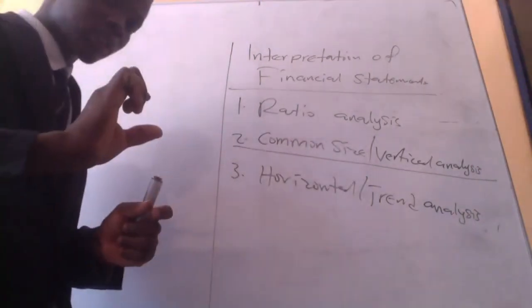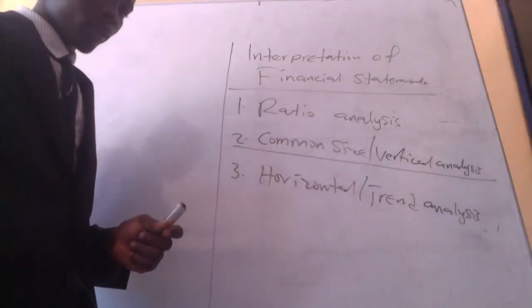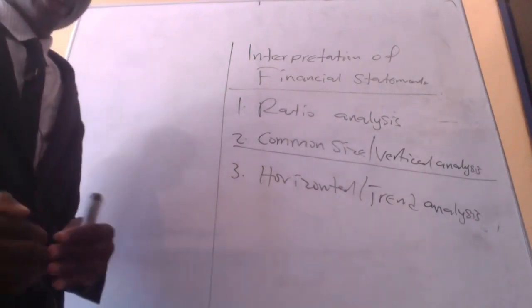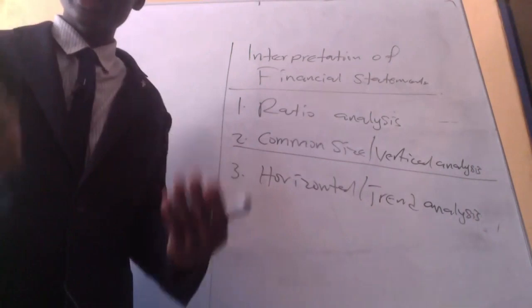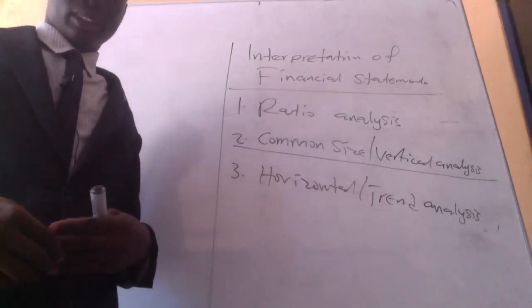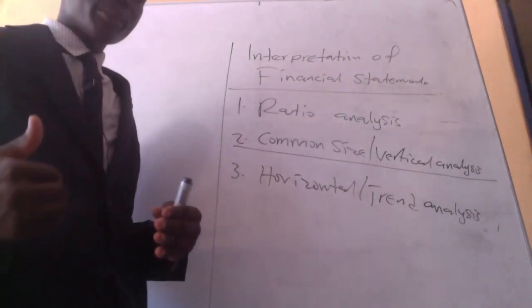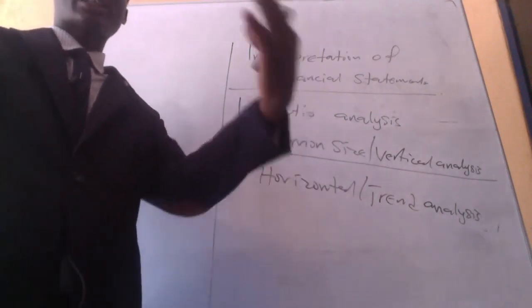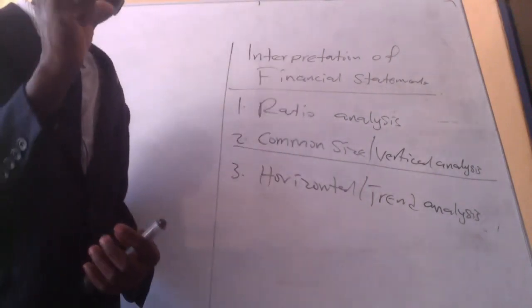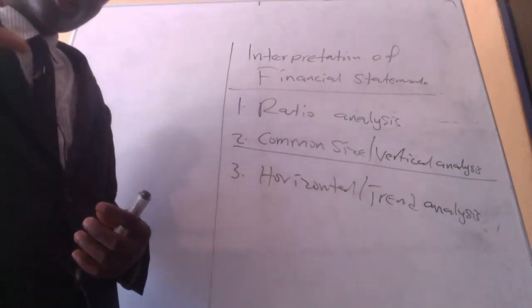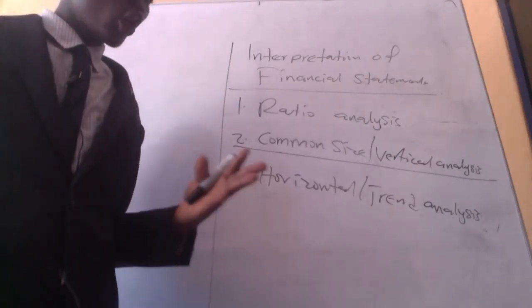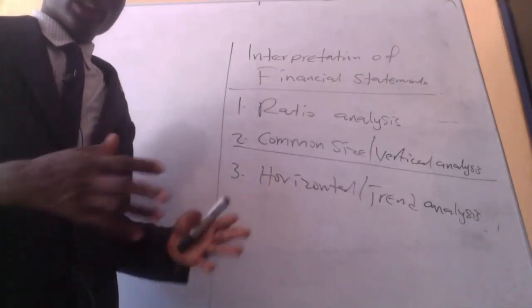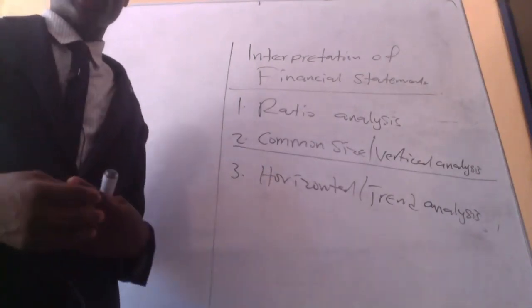So basically we need the income statement and the financial position or the balance sheet. For profit and loss, the most common base that we know is the revenue, total revenue. Then for the financial position, that's the total assets.